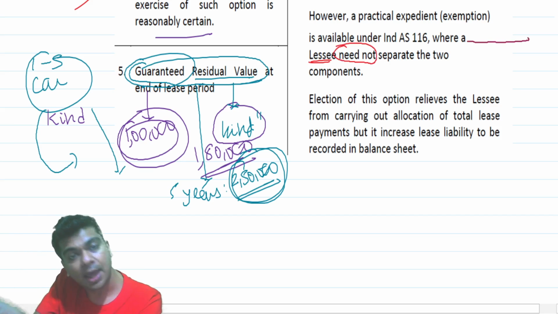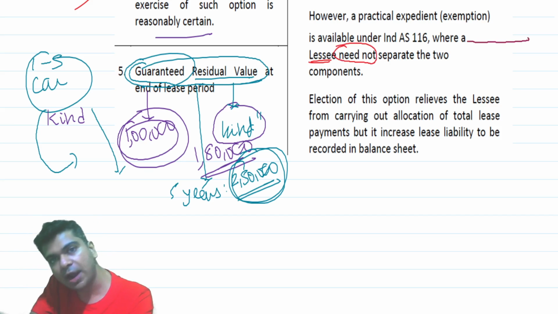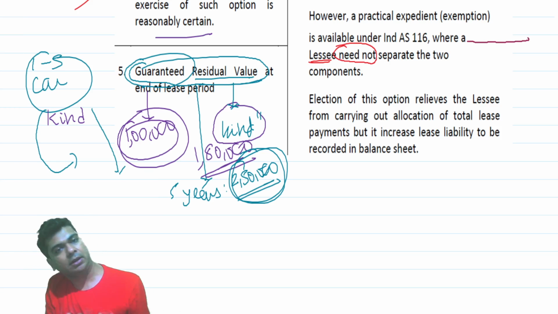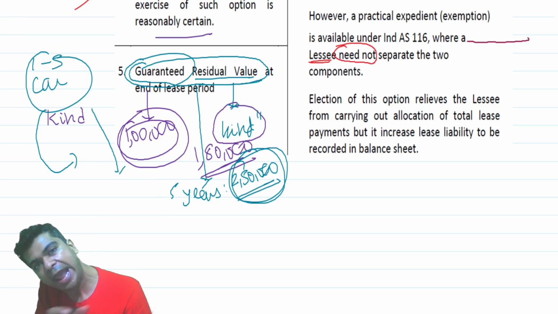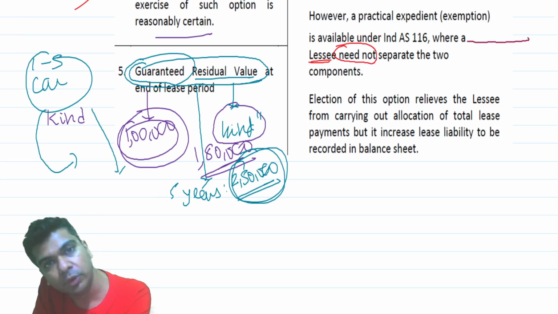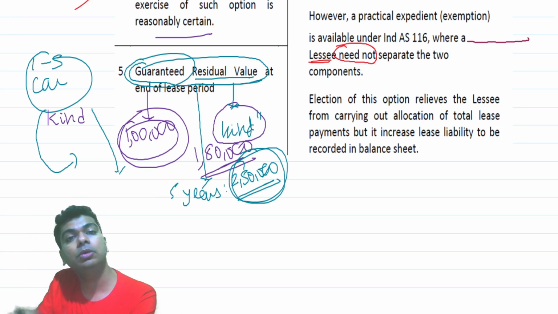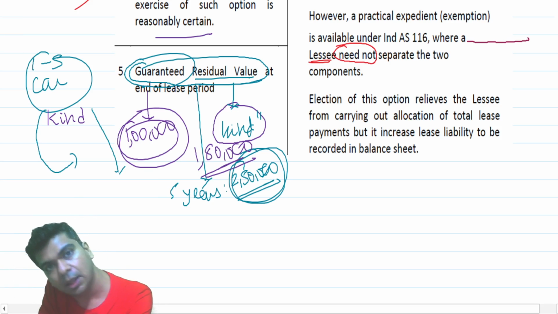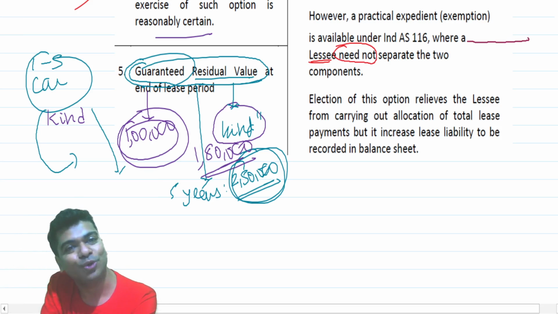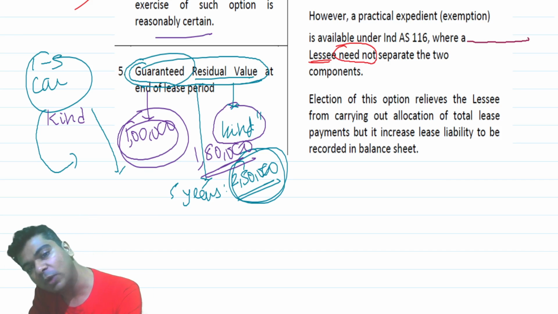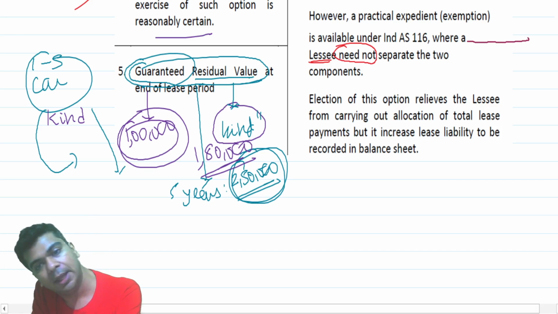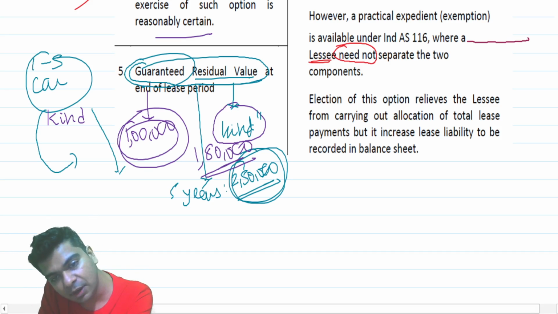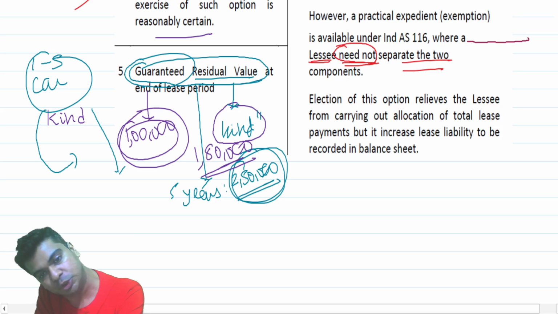I can, as a company or as a lessee, take a stand that I do not want to do any bifurcation of the lease and the non-lease components. I want to include the total payment itself in the lease liability. I am allowed to do so under Ind AS 116. So they are saying a practical expedient is available where the lessee did not separate the two components.